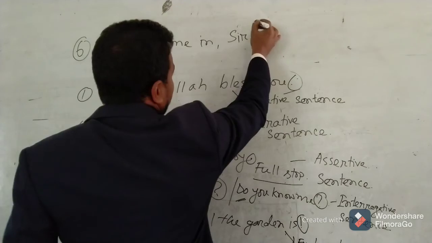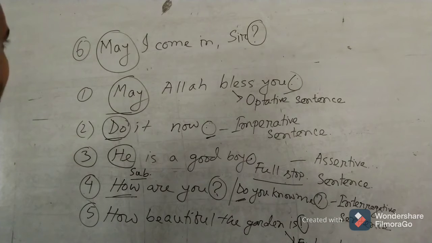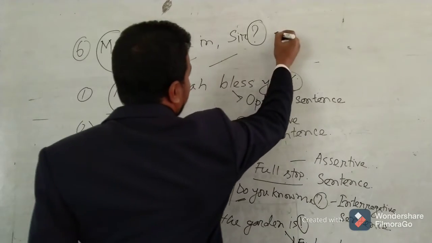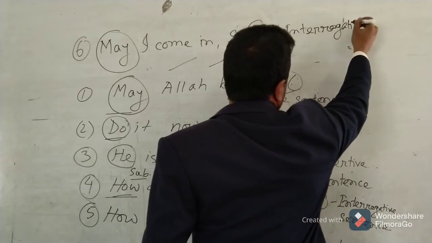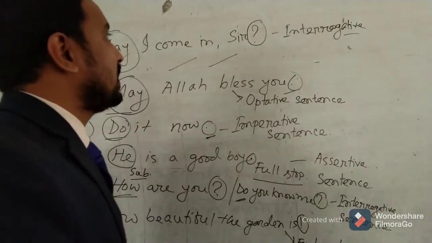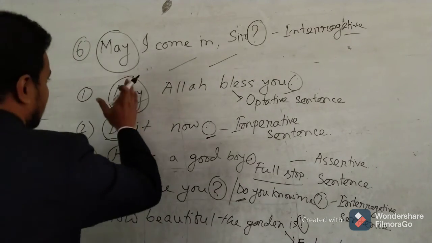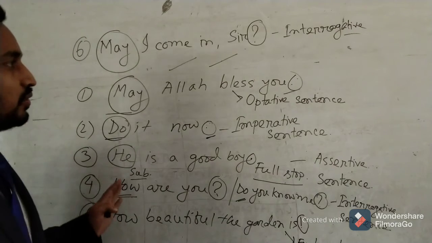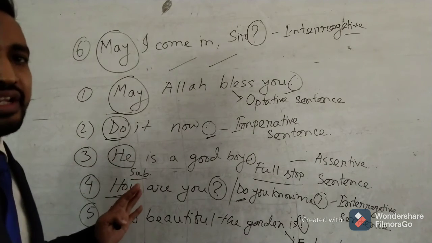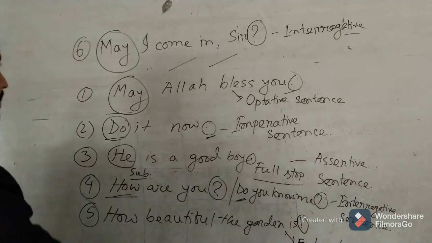No, look, at the end we have a question mark, so it simply means that this is not an optative sentence, this is an interrogative sentence. Get it? So we will never judge the sentence noticing only one part, either the beginning or the end. We'll notice the two parts. Then we'll try to justify whether it is an example of assertive, interrogative, optative, or something else.